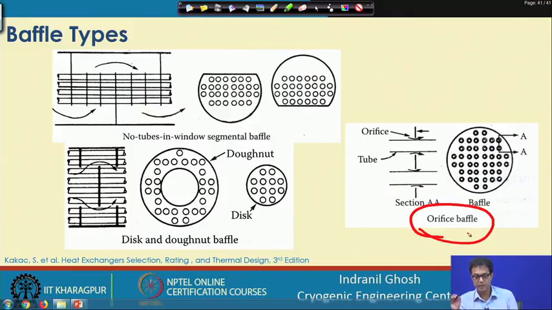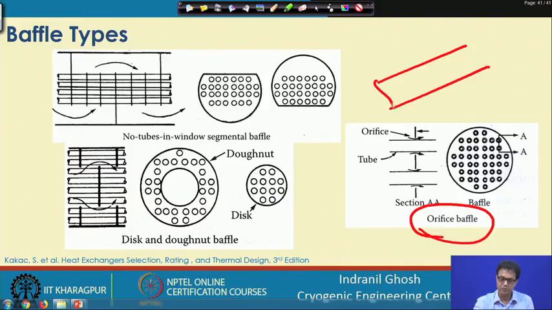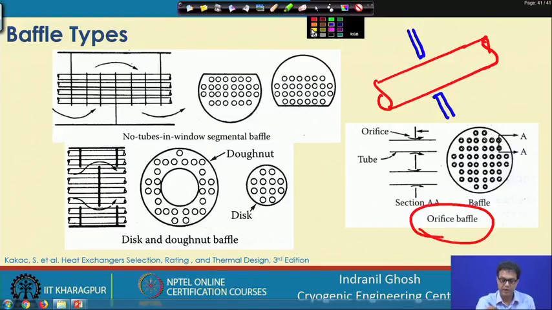This is called the orifice baffle, where the tubes are fitted like this. This is a tube and we put the baffle like this. What will happen? The fluid will be coming over here and passing through this end.